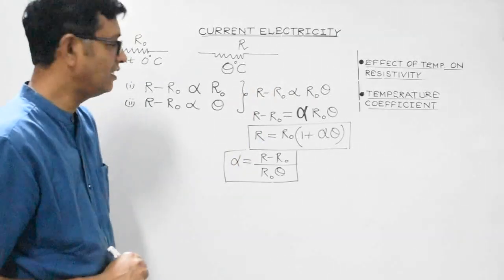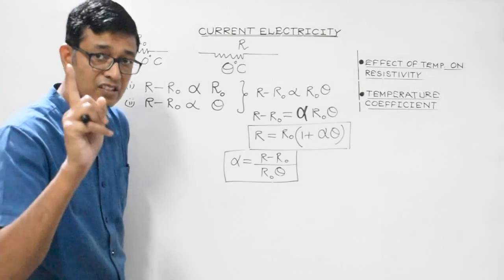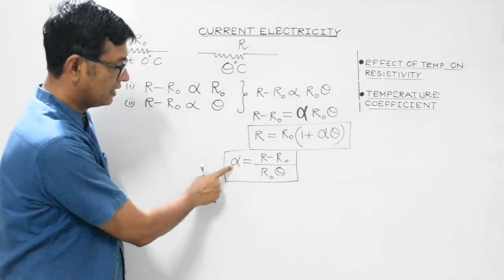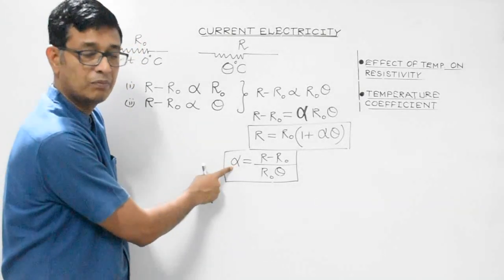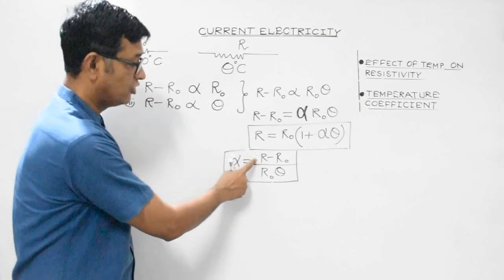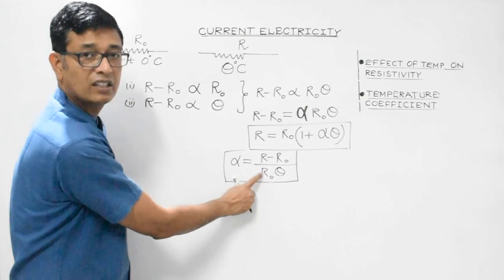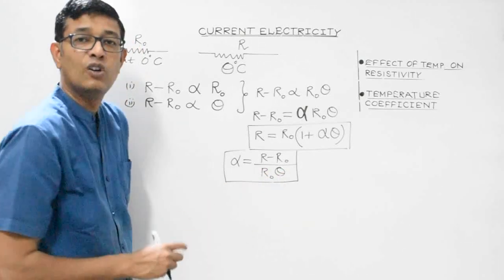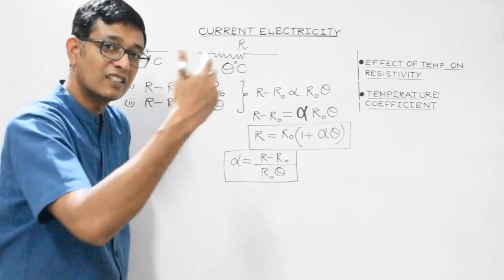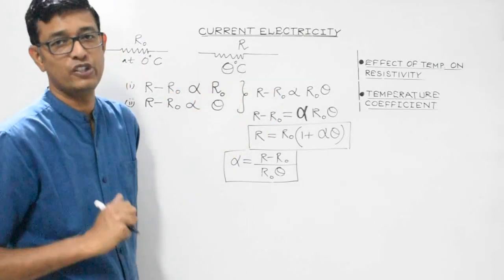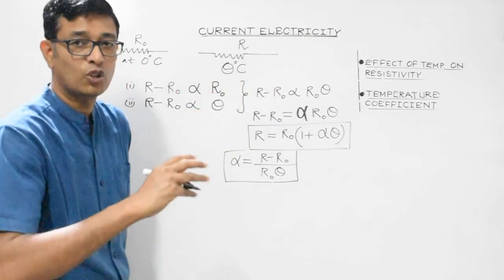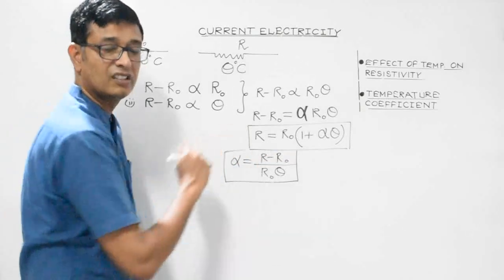So let's try to define alpha. Please listen to me very carefully. The temperature coefficient of a conductor may be defined as the change in the resistance per unit original resistance at 0 degree Celsius for every 1 degree Celsius rise or fall in the temperature. When I talk about the rise of temperature, then there will be an increase in the resistance.